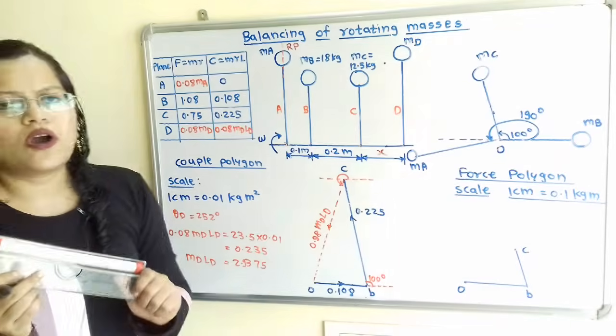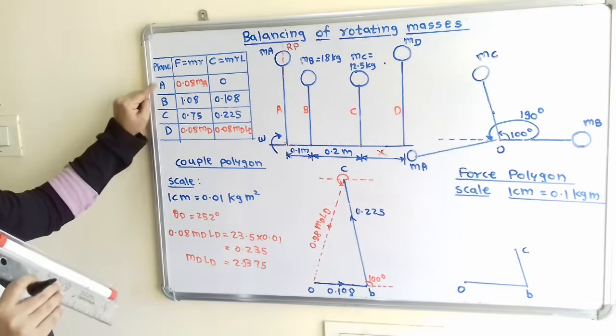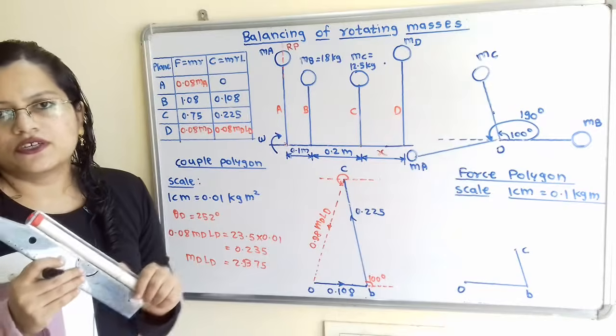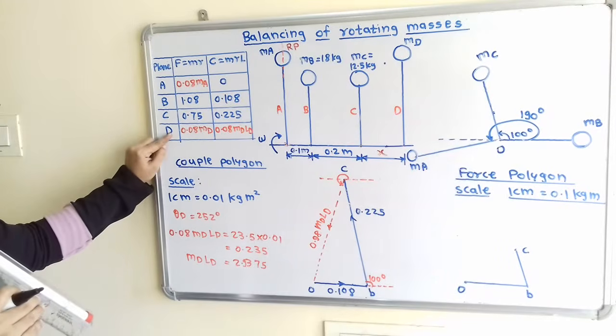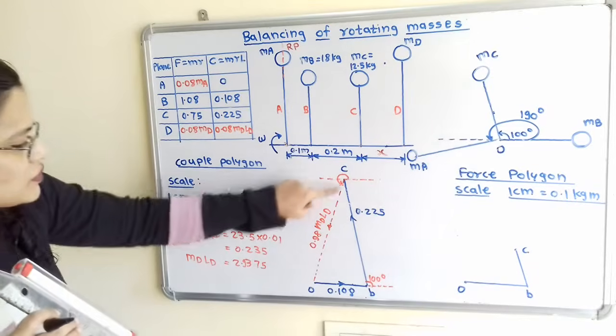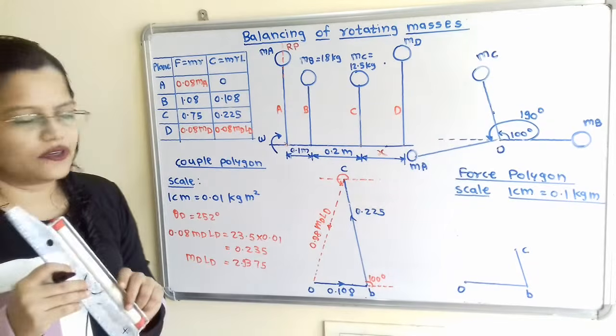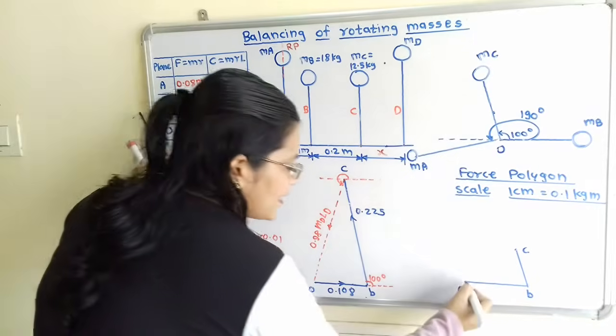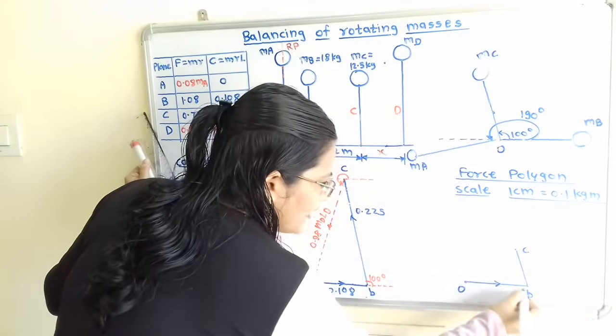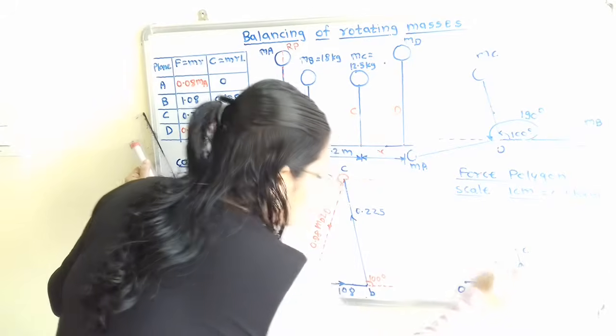Now there are two unknown terms for the plane D as well as plane A. So how to draw this? So if we observe, for this D, direction is known for this couple polygon. So we will transfer the same direction. So I will show here direction from O to B towards right, B to C in the upward direction.